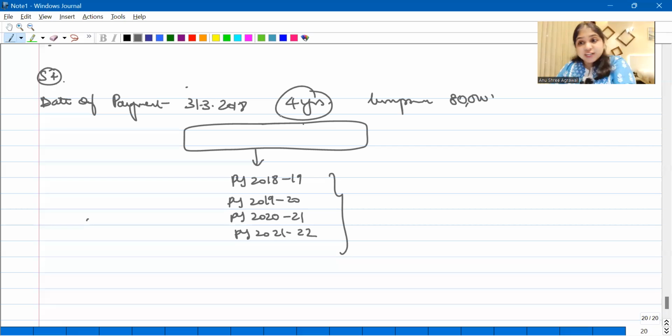Don't tell me the period. Straight away tell me, 31st March 18, 4 years, 80,000 lump sum premium you've paid. You will divide it by 4 or 5? You will divide it by 5.